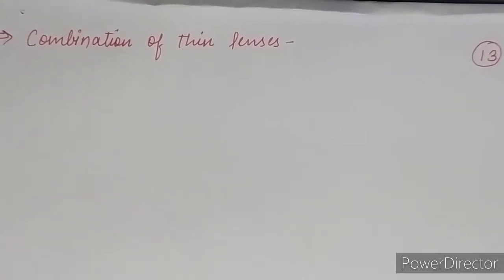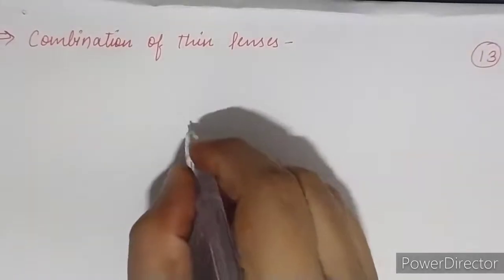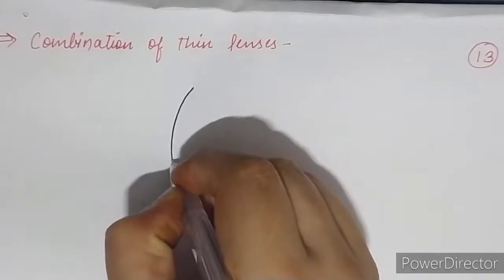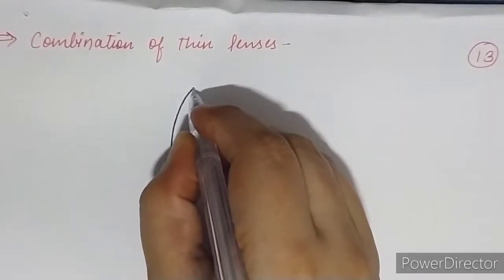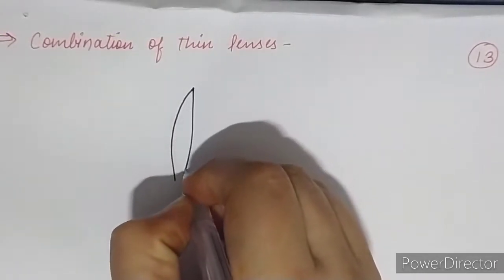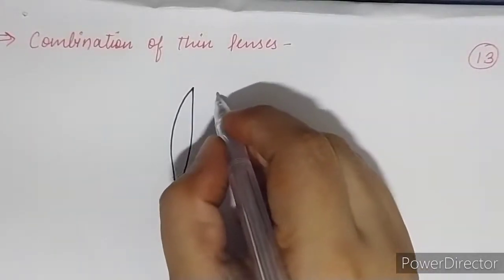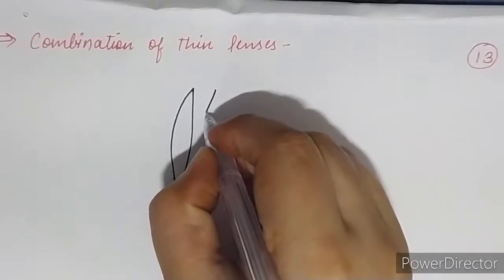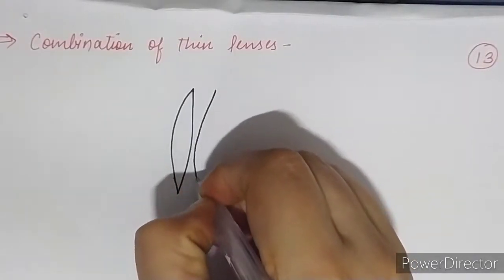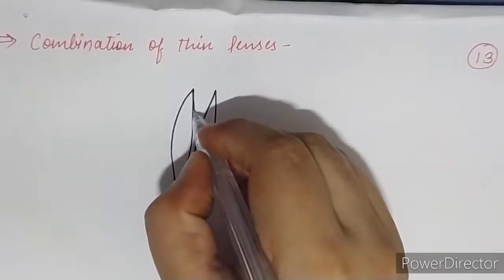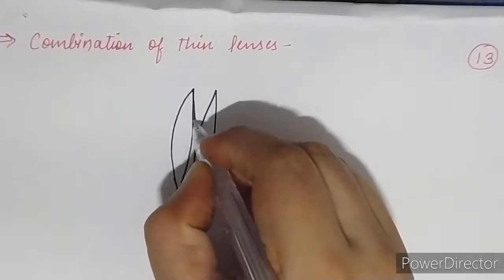So in this we have to take two thin lenses, and they are very close to each other, just in contact with each other.